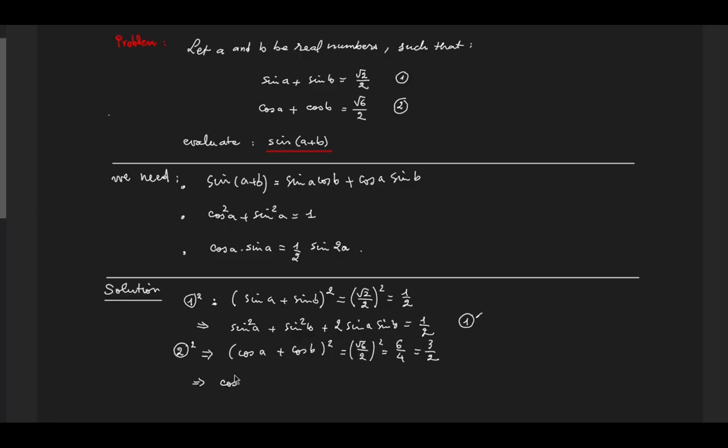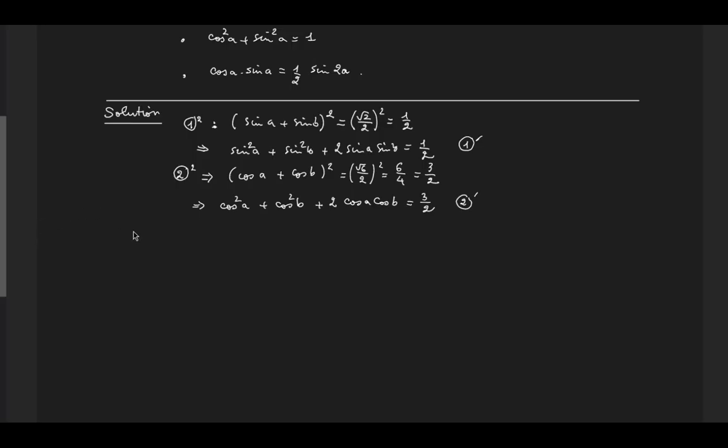If we expand the square, we have cosine squared a plus cosine squared b plus 2 cosine a cosine b equals 3 over 2. We call that 2 prime.